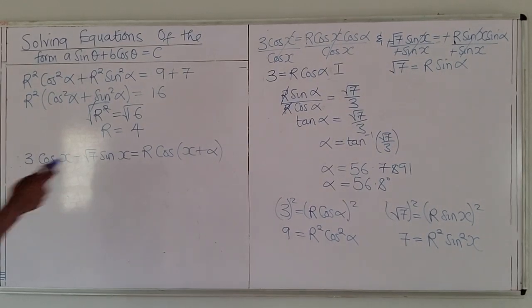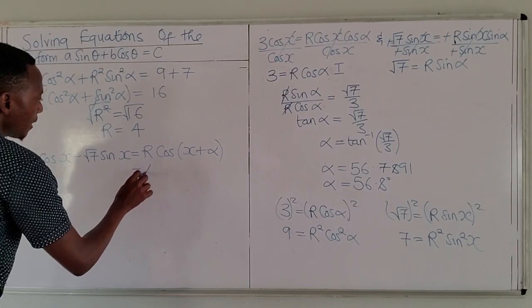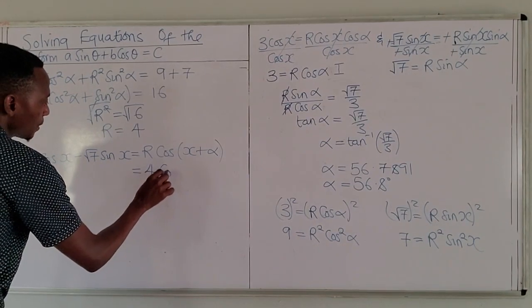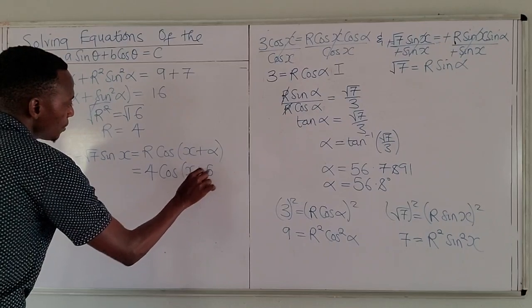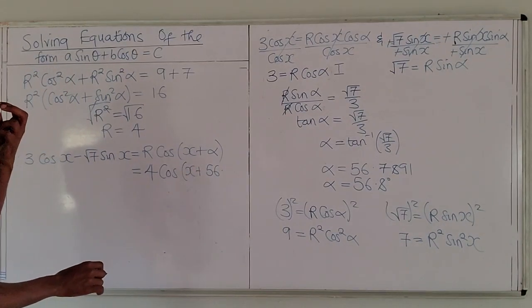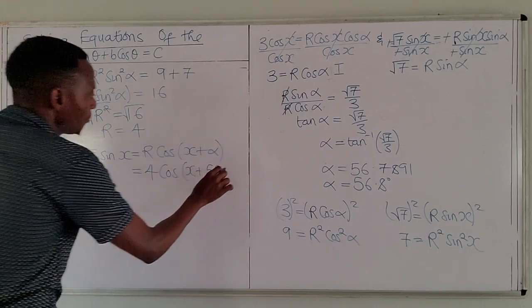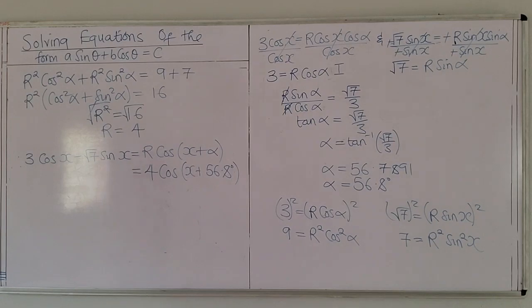So what is our r? Our r is 4 cos x plus 56.8 degrees. So that means part A we are done.